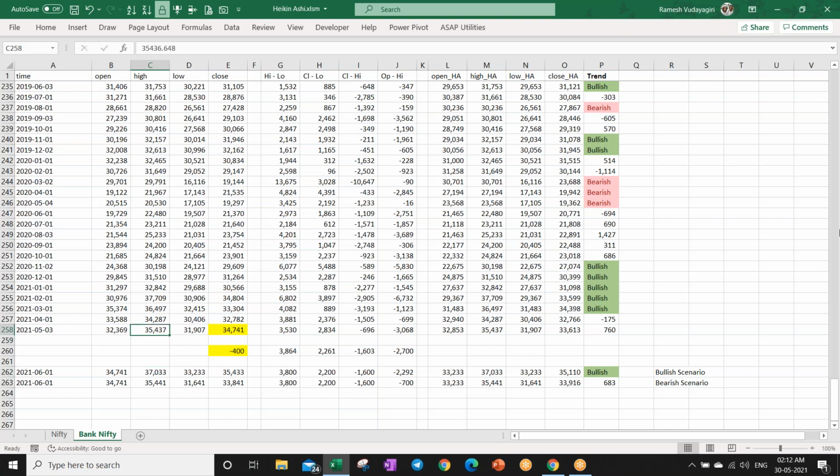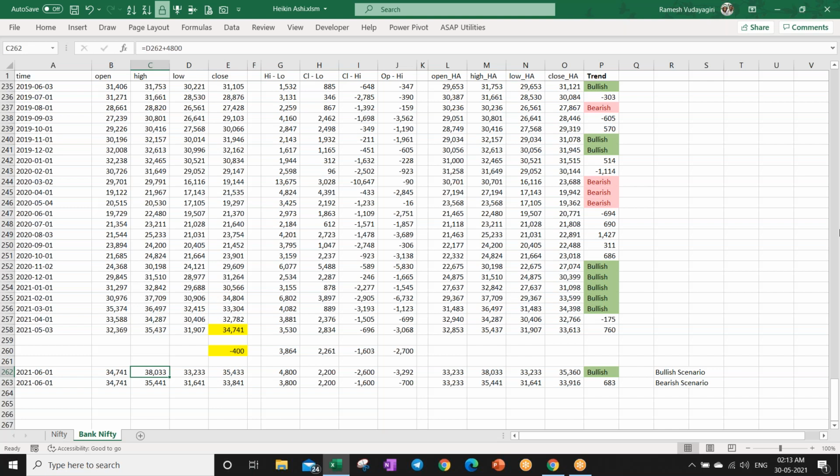We already made a high of 37,709, so possibly we can test that level and go up by maybe 4,500, say 4,800, roughly the 38,000 level. In a bullish scenario, we can make a 4,800 points move from the low and test 38,000 levels also.